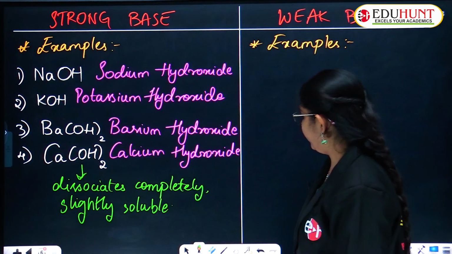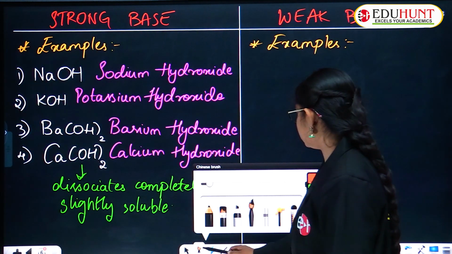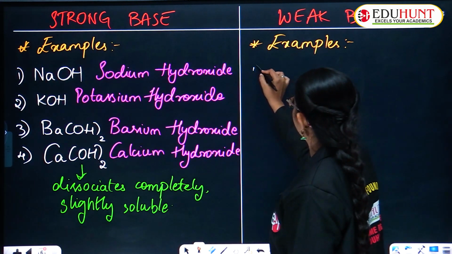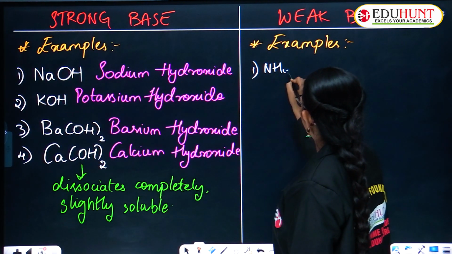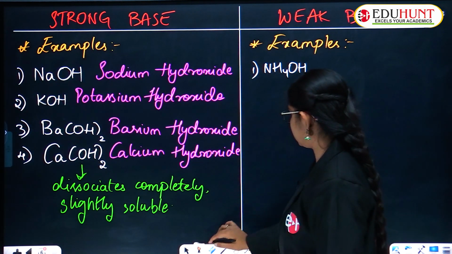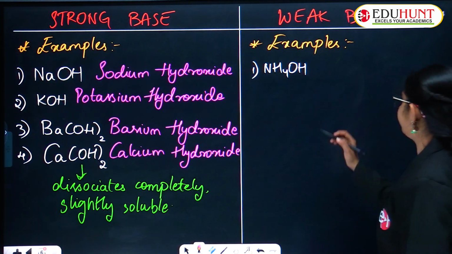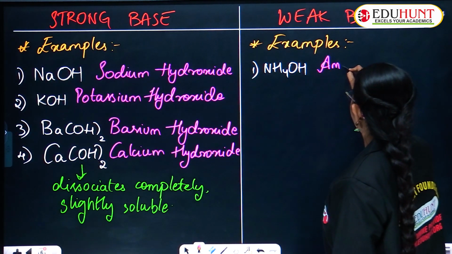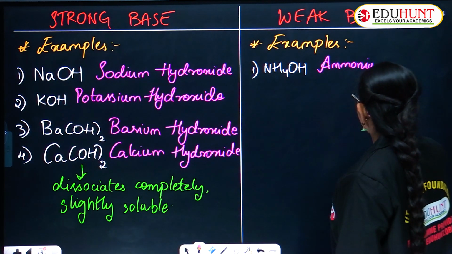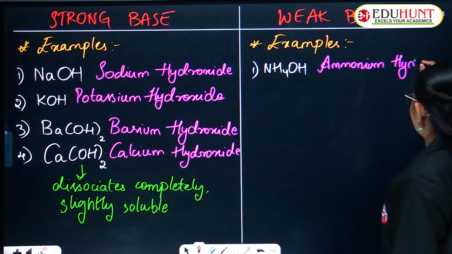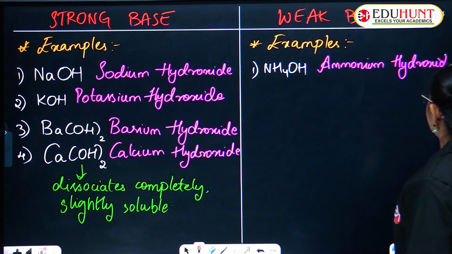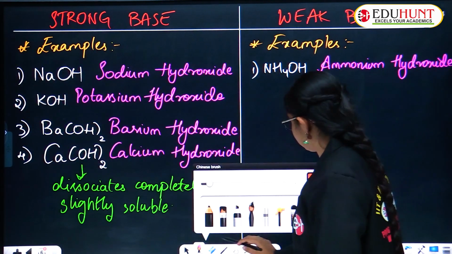And we will write the weak bases. Weak base example, NH4OH. What is this? Come on, tell me. Very good. Ammonium hydroxide. Next.